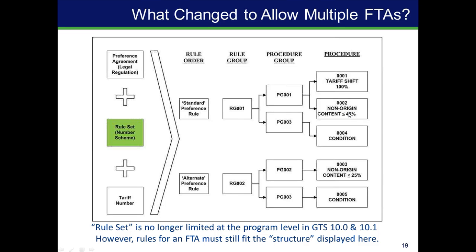You can have less than or equal to 40% for one, or greater than or equal to 25% for the other, or they could require conditions. So now you can have an agreement-by-agreement qualification rather than just at a product level within an admin unit.